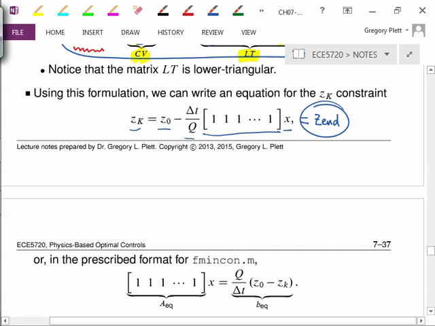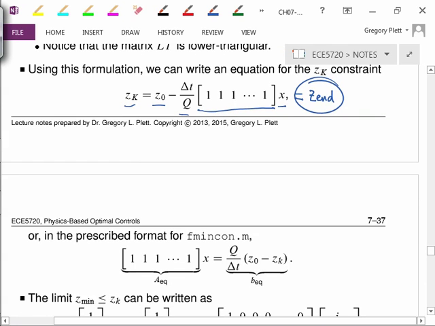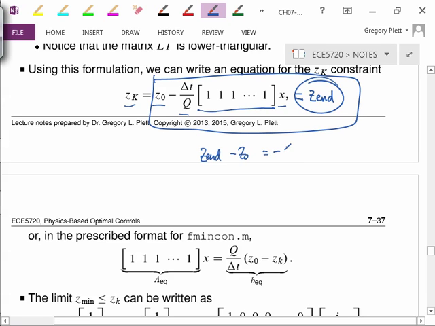And for me to write that in terms of something required by fmincon, I rearrange this. Looking at this here, I'm going to have z end minus z0 equals minus delta t over q times all of these 1s times x.